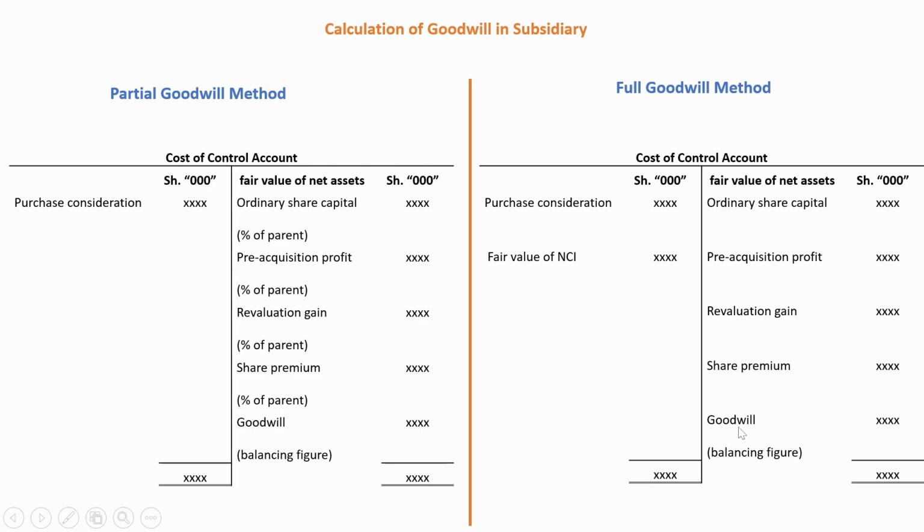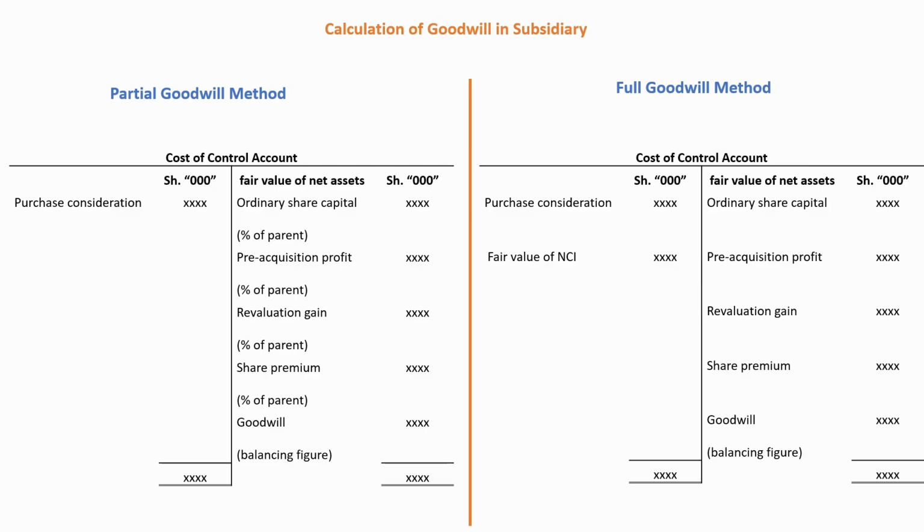The balancing figure will still be goodwill, but this goodwill now belongs to both the parent and the non-controlling interest. It is goodwill for the whole organization. So that is the second thing in the consolidation process, calculation of goodwill in subsidiary.